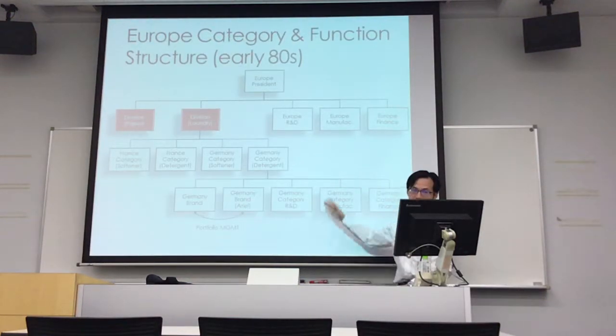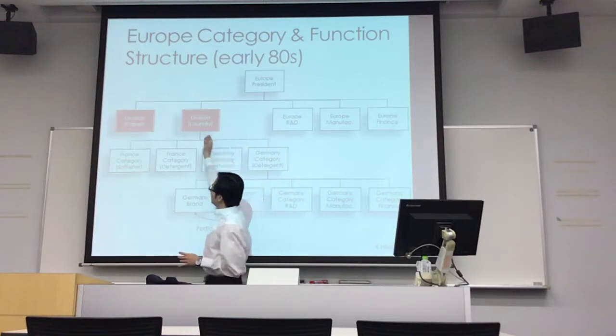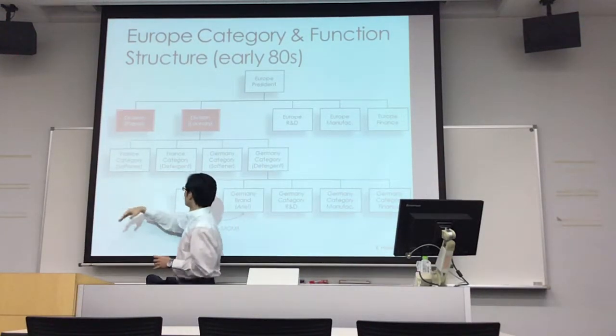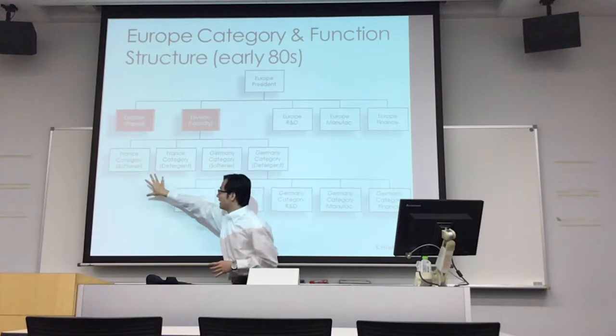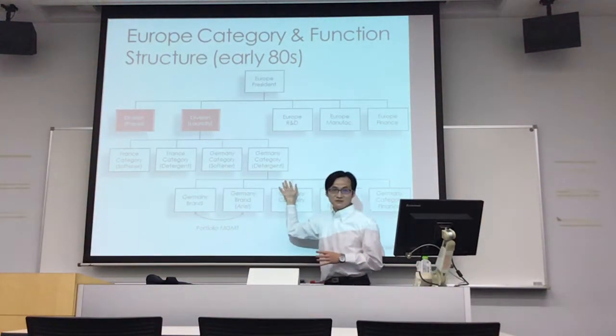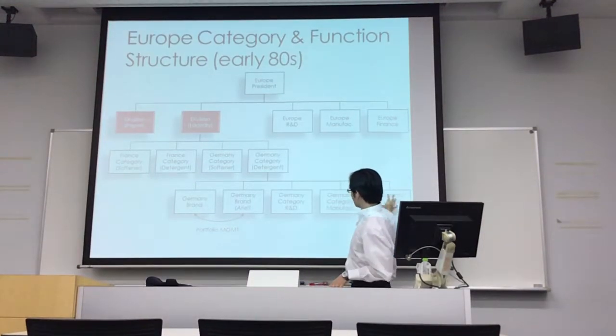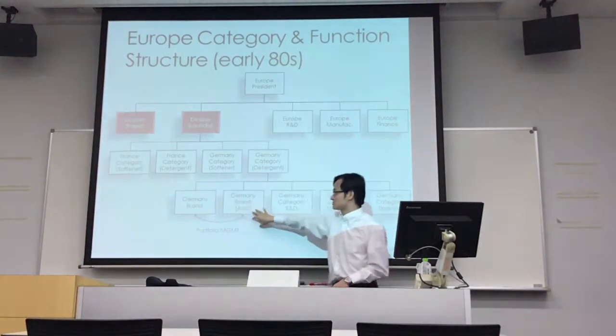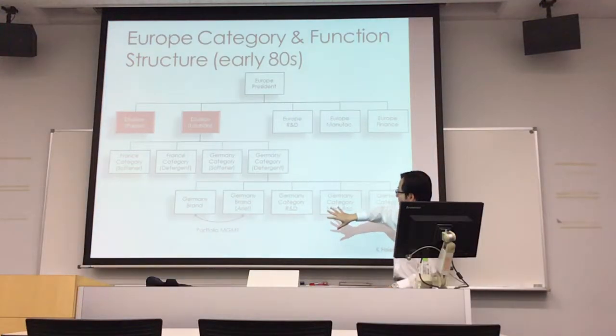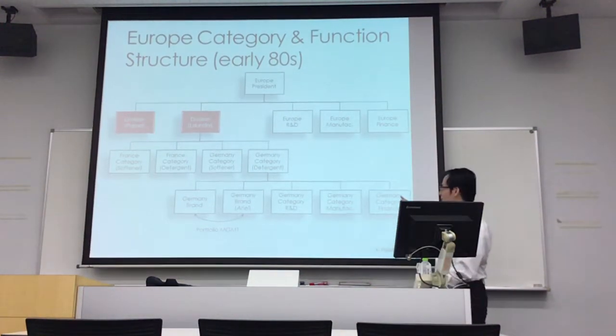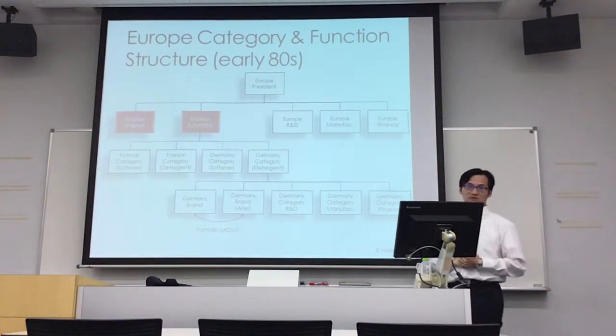And then following from there, you have different divisions. Following from the divisions, you have different locations or different countries. Each country has its own brand management, followed by its own R&D, its own manufacturing, and its own finance.